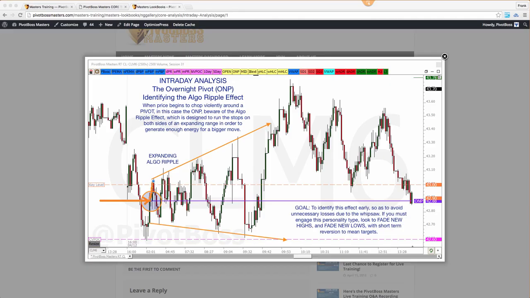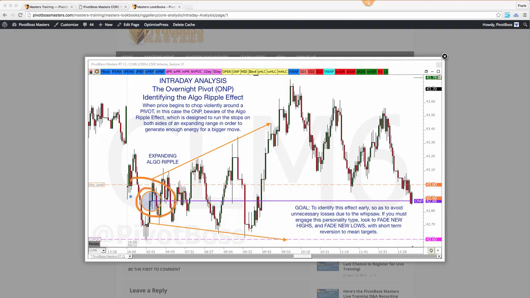So it has to go up a little bit to entice some buyers to get long, and then it uses their sell stops to go down and take out some stops and get some sellers short. And then once those sellers get short, it uses their buy stops to come up and take out some shorts that were short up here. And it just runs it back and forth, continuing to get buyers and sellers in at the extremes until it musters up enough momentum that it gets an actual move out of it.